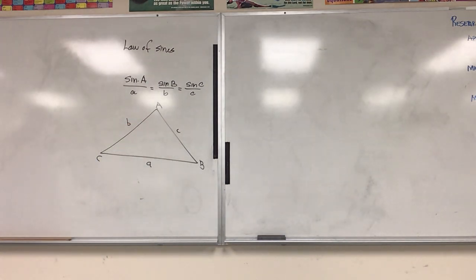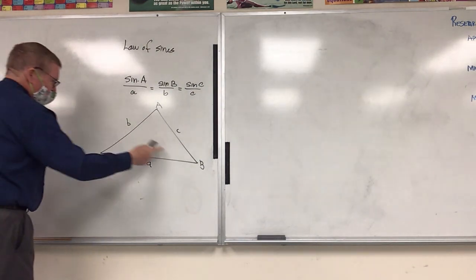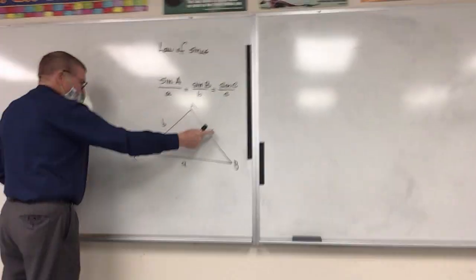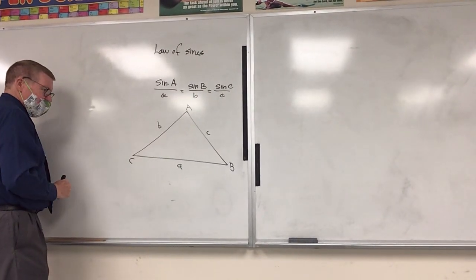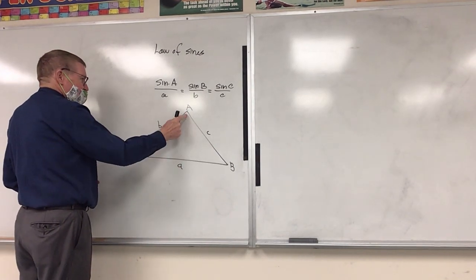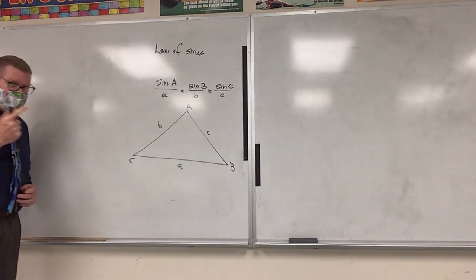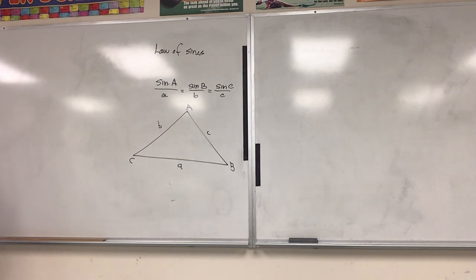Capital letters are angles, lowercase letters are our sides. Lowercase b is opposite capital B, lowercase c is opposite capital C, lowercase a is opposite capital A. So this represents any triangle. It doesn't matter if it's right, obtuse, or acute.